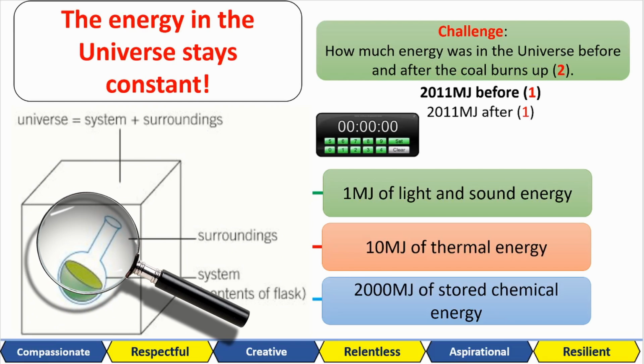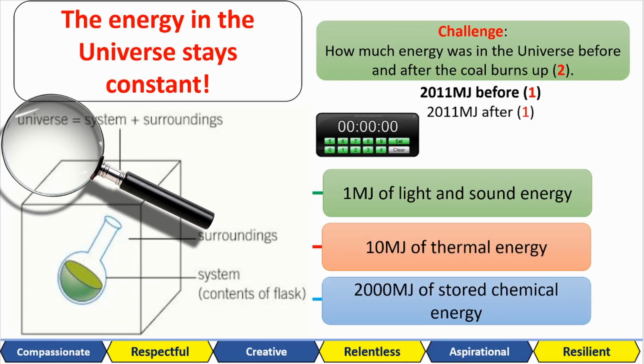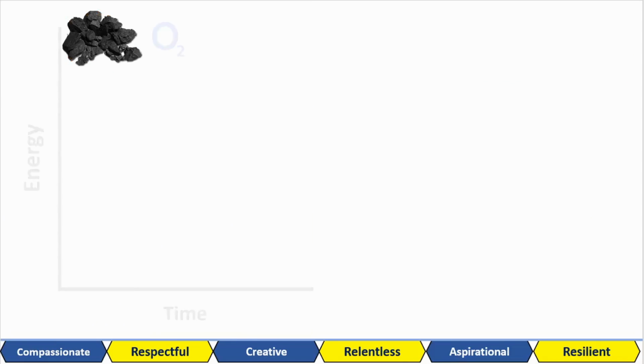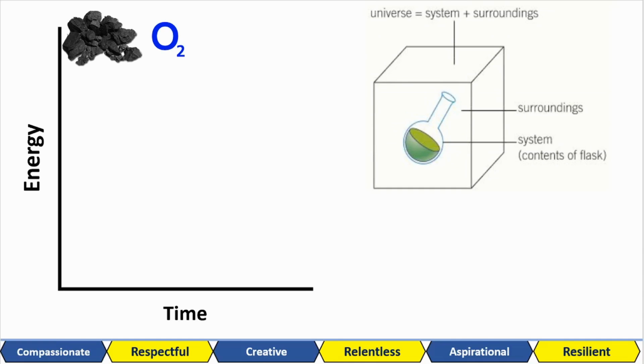We can track the movement of this energy by working out the amount of energy in the reactants and the products. Let's look closely at what happens when we burn that coal. Remember that the universe will be the chemical reaction and the surroundings.